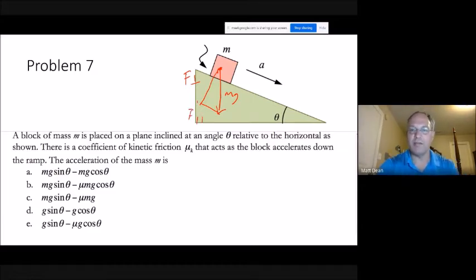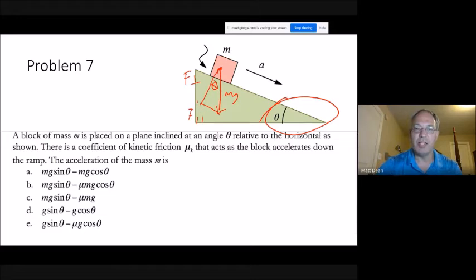And it turns out that if this angle here is theta, this angle is also theta, because the triangle I just drew and the big inclined plane triangle turn out to be similar triangles. So let's solve for F parallel and F perpendicular.